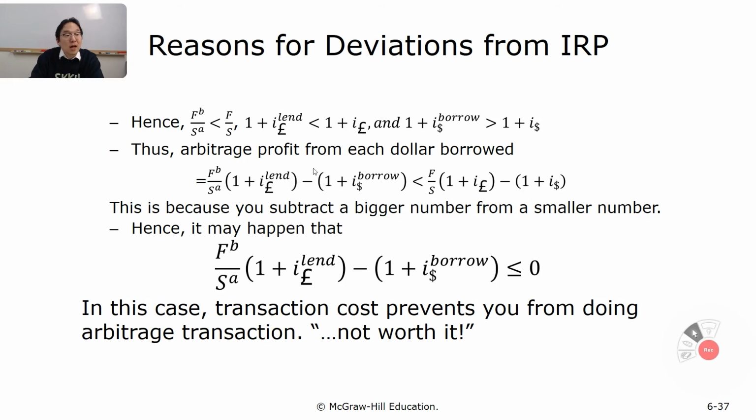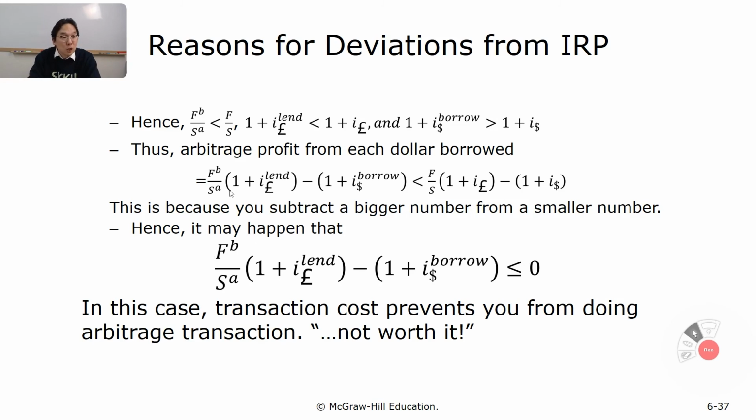Okay? Thus, arbitrage profit from each dollar borrowed will look like this, right? Using bid, ask, and then lending and borrowing, it will be smaller than this midpoint-based computation of theoretical arbitrage profit. Okay? IRP arbitrage profit is this one, but the expression on the left-hand side reflects reality, the bid-ask spread reflected arbitrage profit. Good. This is because you subtract the bigger number from a smaller number, given the previous relation on the previous slide.